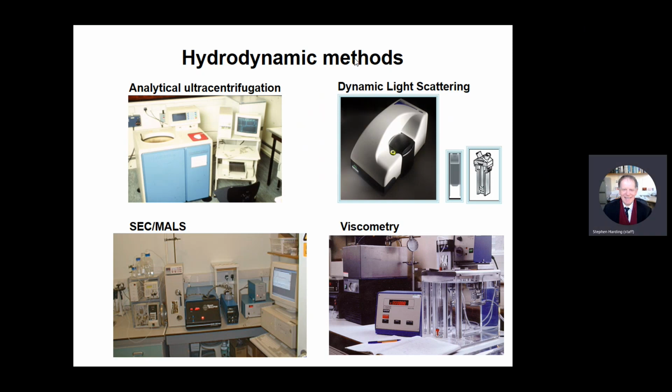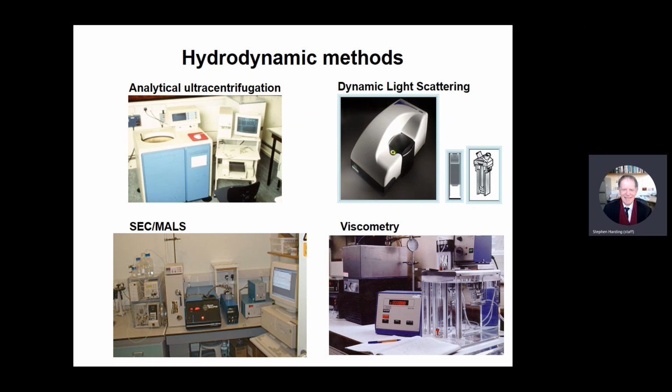SEC-MALS, we'll be using this when we do the group mini project, so you'll see how this works in some detail, and the precautions we take to make sure we have clear solutions. But SEC-MALS, this device here, this blue box, actually this is an older version of our instrumentation, but that's what's called a light scattering photometer, and it measures light scattering at multiple angles.